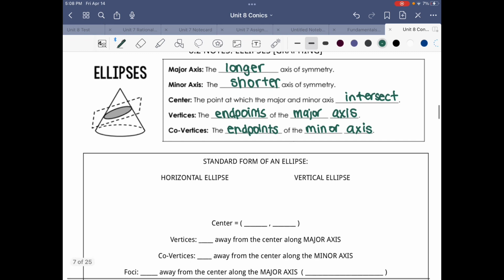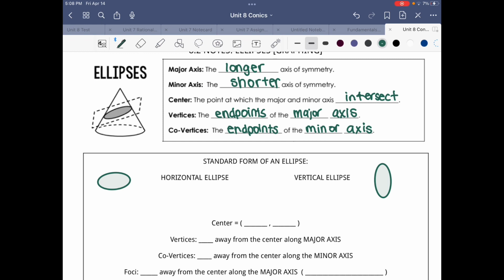Then there are going to be two versions of the standard form or the equation for an ellipse. A horizontal ellipse is going to be one that goes side to side like this. A vertical ellipse is going to be one that goes more up and down like this. So the major axis determines whether it's horizontal or vertical.